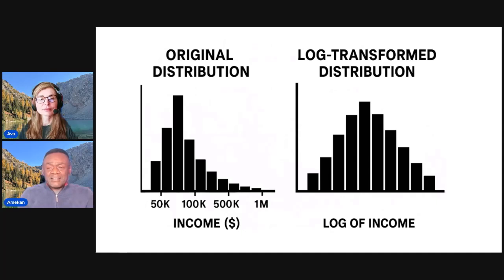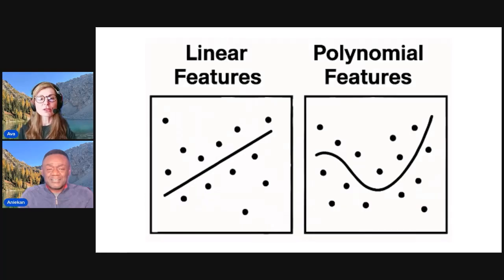All right, now that we understand log transform, let's look at another important transformation technique called polynomial features. Oh, yes. So those are also available in SageMaker Data Wrangler. And it's going to help models capture relationships that aren't just straight lines, right? That's right. Imagine predicting house prices based on size.